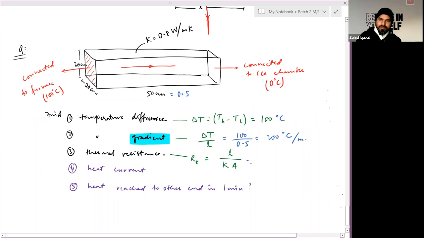For the third part, thermal resistance, length is 0.5, thermal conductivity is 0.8, area of cross section is 0.2 into 0.2. So you'll get 5 divided by 8 into 4, that is 32. On solving, you'll get 15.625 Kelvin per watt.